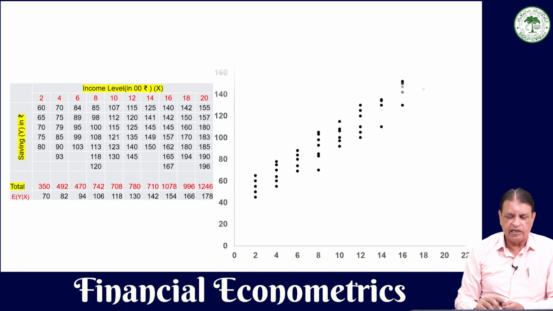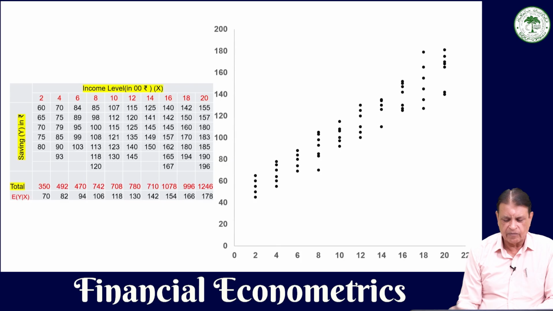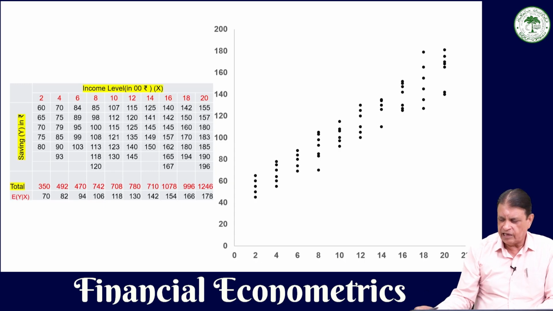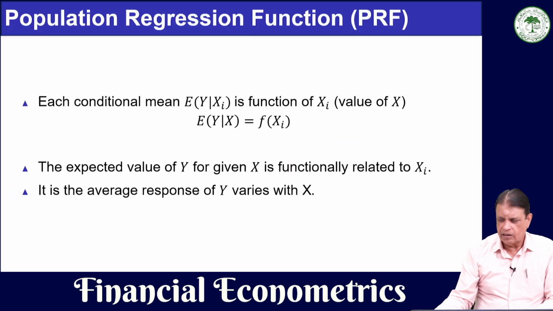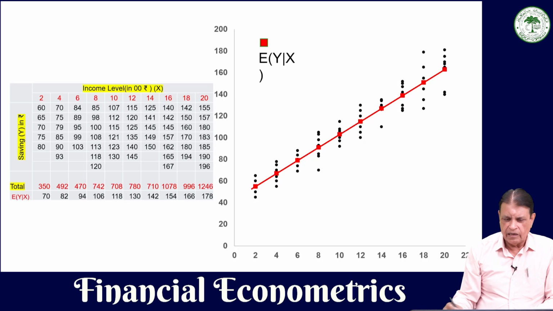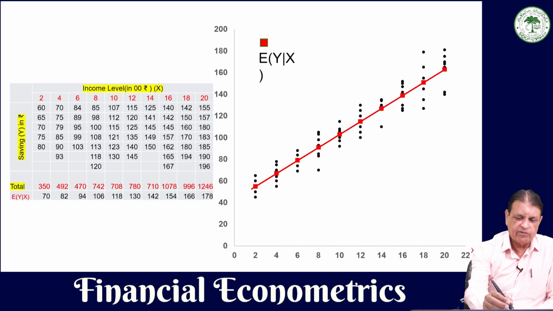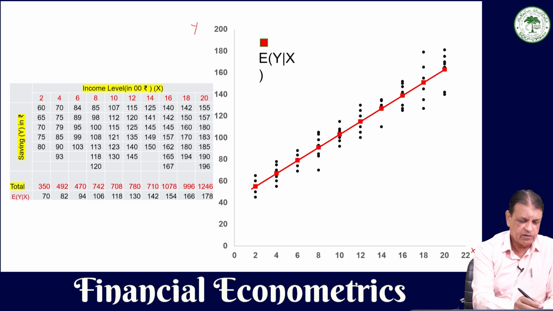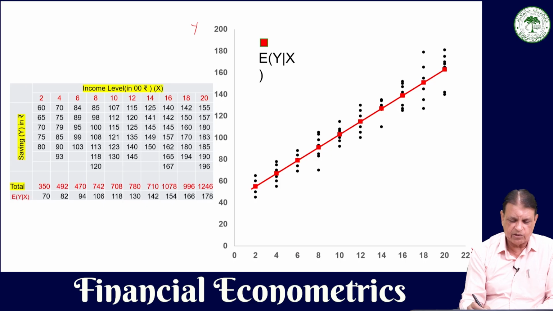Now this table is being plotted here. Here we have the values of X, and here the values of Y. With this value there are 5 values that are associated, and similarly with this one there are 6 values that are associated.